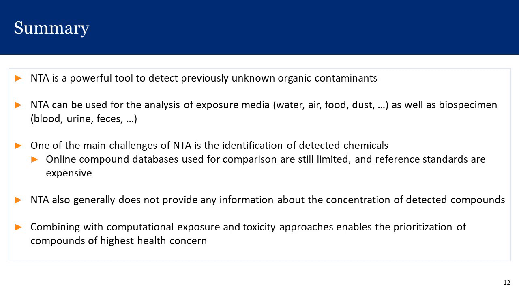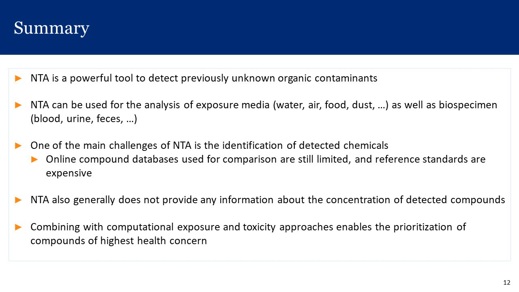Despite all the advantages, one of the main challenges that remains is the identification of the detected chemicals. And this is currently limited by the compounds that are entered in online compound databases, because this is the critical aspect that we need to compare our results to, especially because reference standards of chemicals are very expensive.